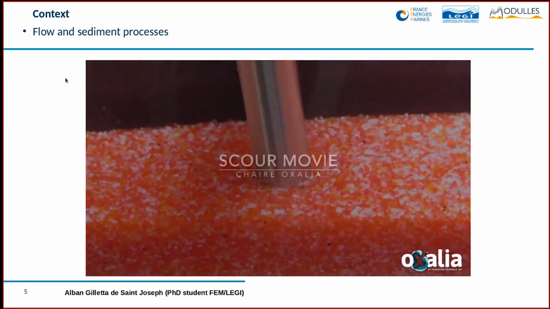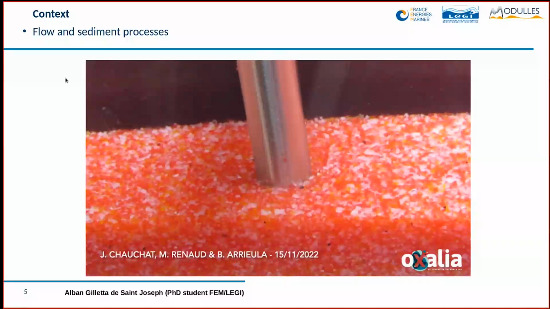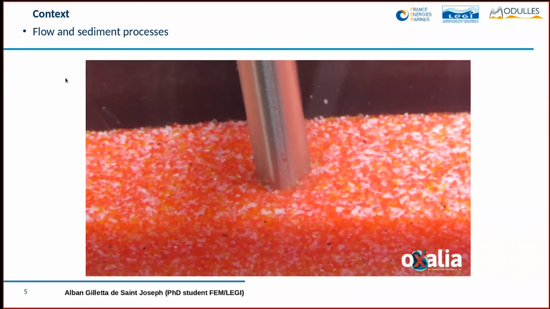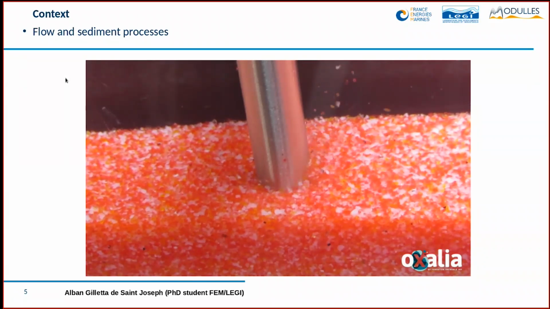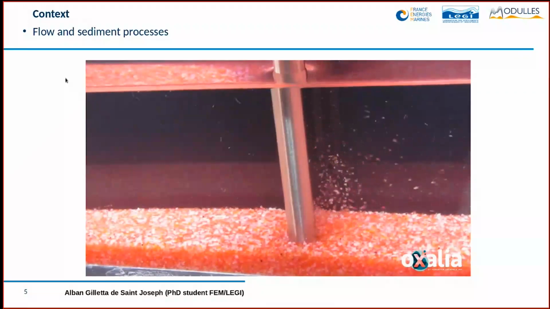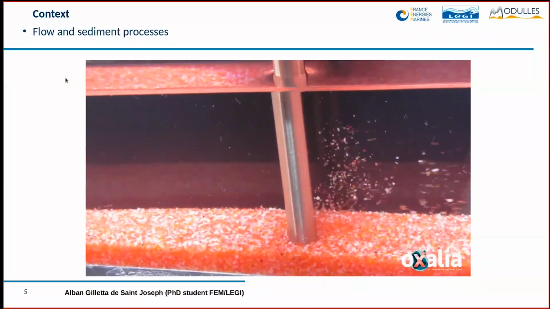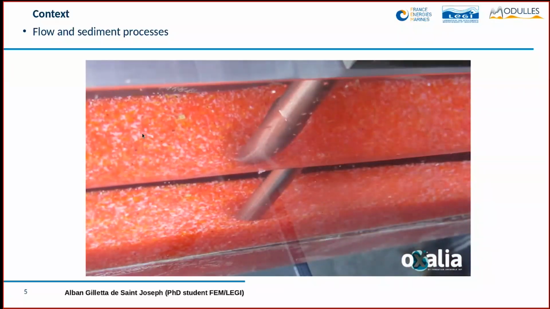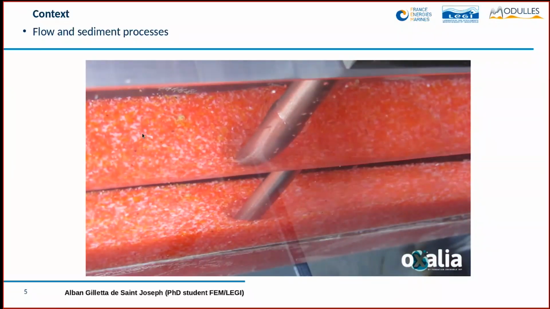But what happens when you place these structures in sediments? This is a qualitative experiment done in the laboratory, where you can see the different vortical structures that I introduced previously. The vortex shedding here can put particles into suspension and lead to a scour downstream of the pile.